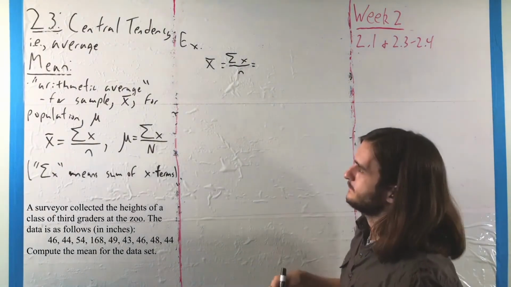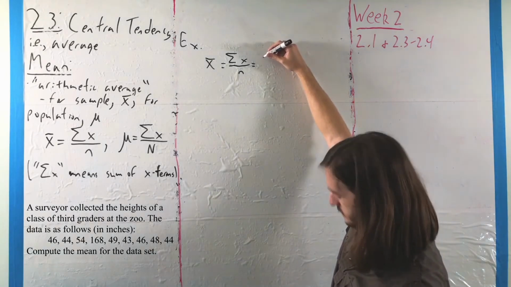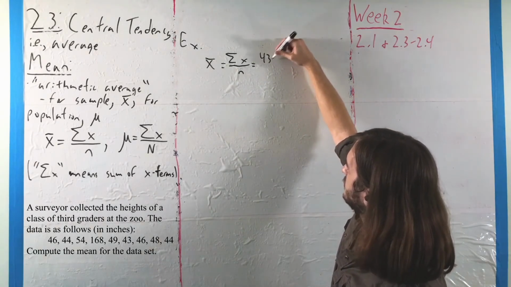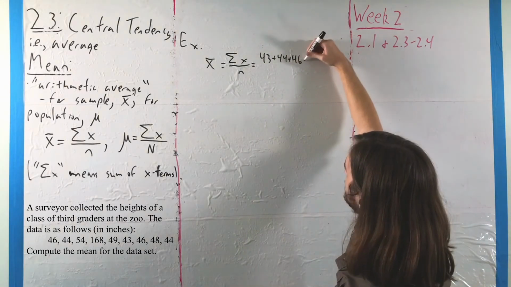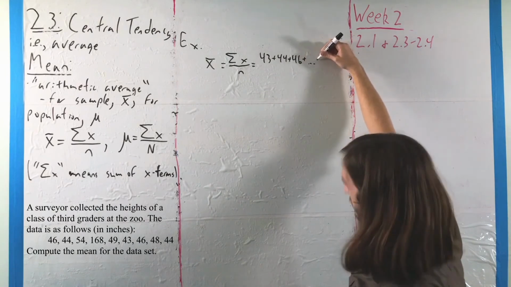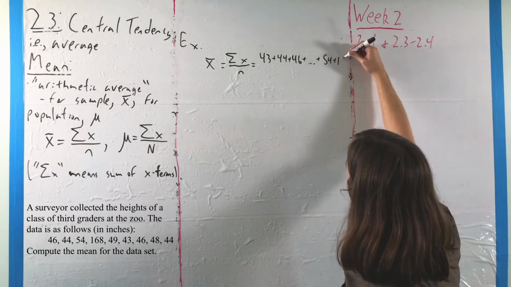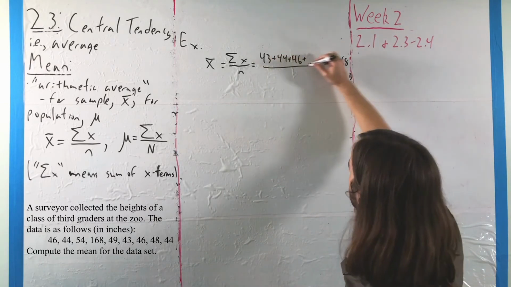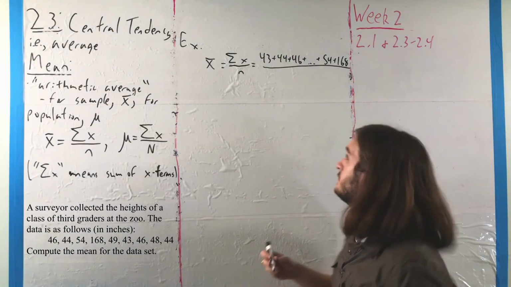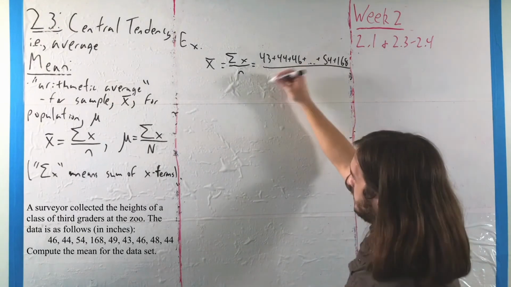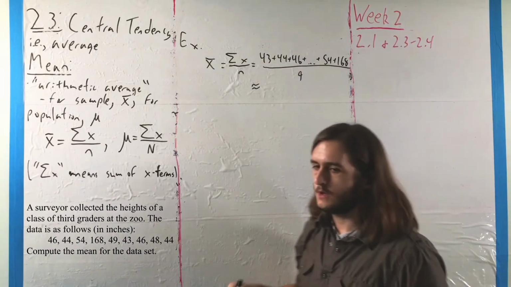We take those values, which I'm going to put in ascending order for no good reason: 43, 44, 46, 46, and I'm going to run out of space, so I'll skip to the end, where the last couple of values are 54 and that mysterious 168-inch third grader. Because we have 9 of these values, we divide by 9.